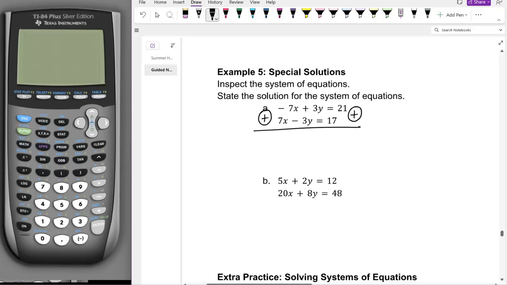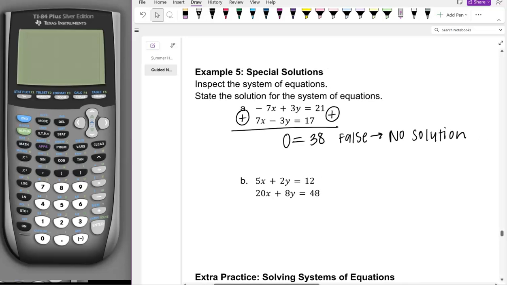If I try to use elimination here and add these two together, I get 0x, so x is eliminated, and I also get 0y, so the y is also eliminated. And if there's nothing on that side of the equal sign, that means I have 0 equals 38. This is a false statement, meaning that there is no solution.